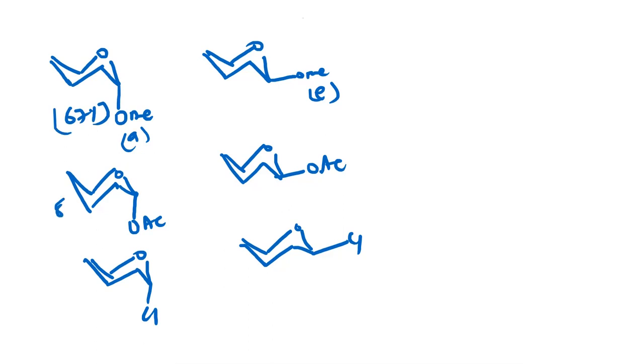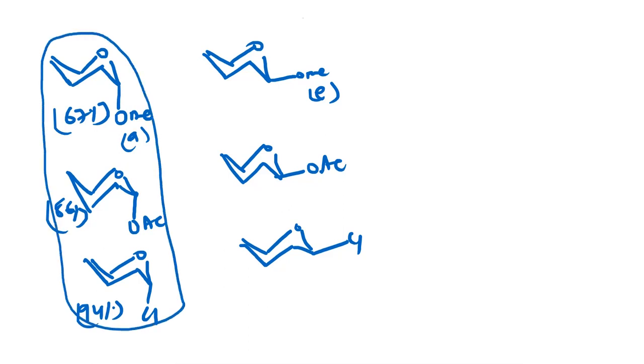For the second one, 86% existent when we compare with the equatorial one. Here it is almost 94%. So the major conformations are axial conformations. That means these are the most stable cases when we compare with these.